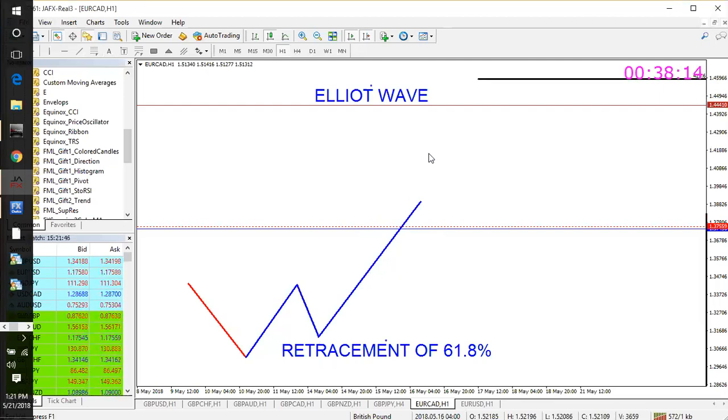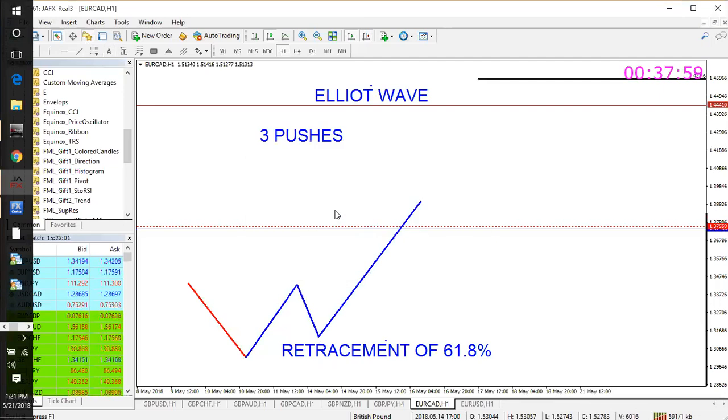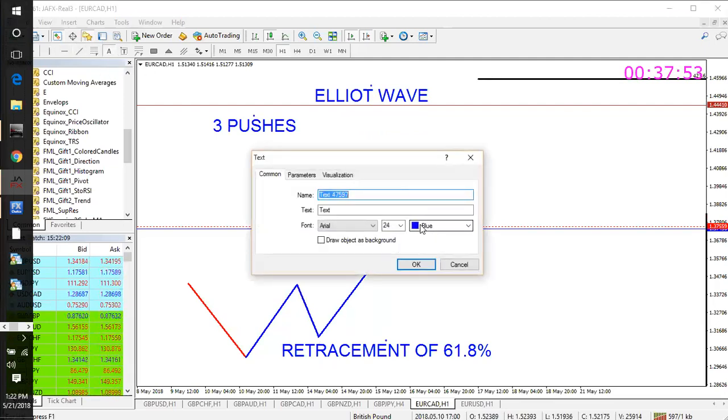Upon the second push, we have another correction. Remember, we do have 3 pushes, at least in a structure. 3 pushes, 2 corrections at least.